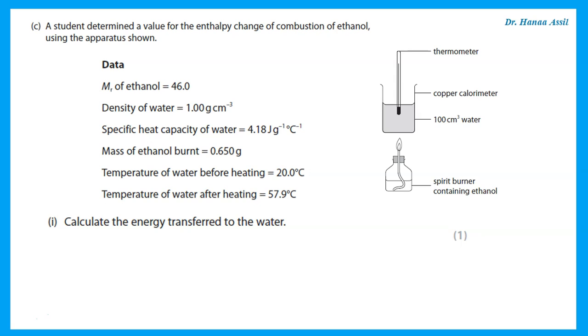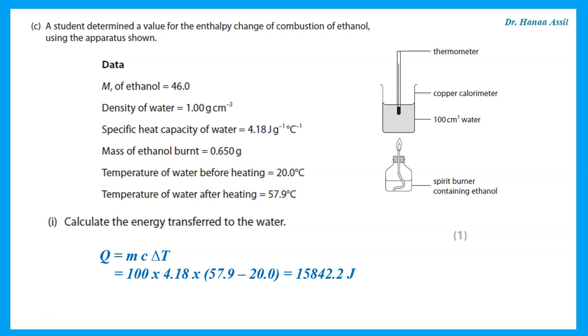A student determined a value for the enthalpy change of combustion of ethanol using the apparatus shown, and were given a series of data. Calculate the energy transferred to the water. So basically we're required to calculate Q, and you should know that Q is equal to mcΔT. What is m? m is the mass of the water, and the mass of the water is the same as the volume.